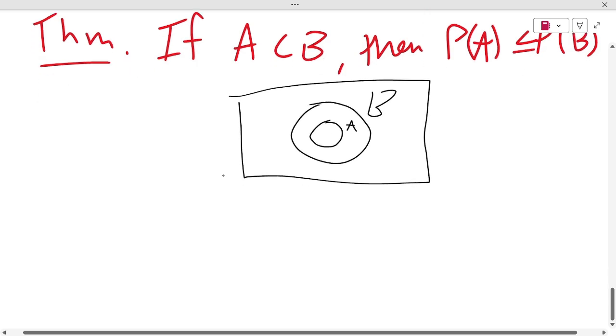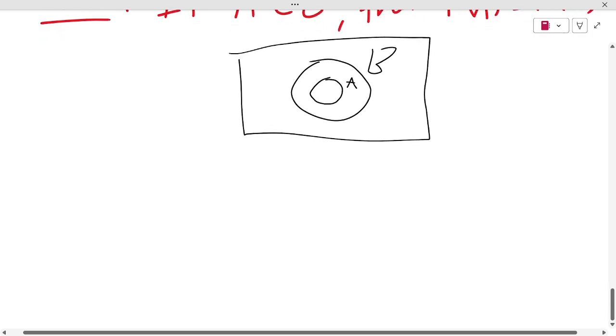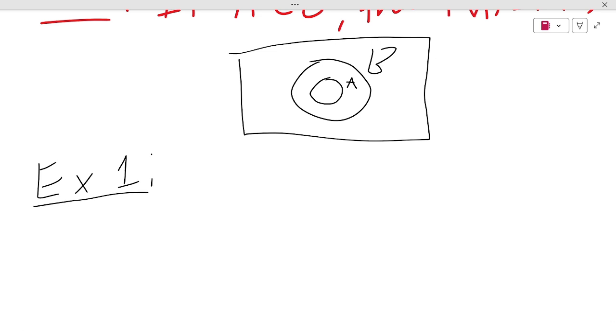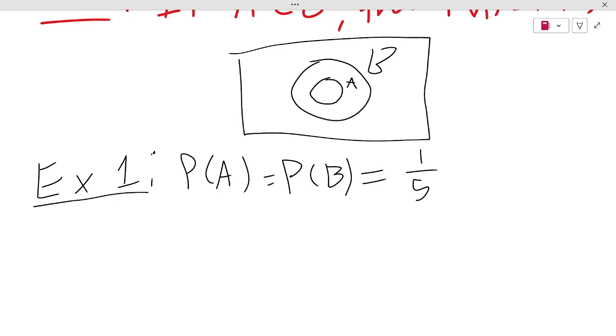We've been over a lot of theorems, so let's try an example. This will be example number 1. We're going to get the probability of A is equal to the probability of B, and these are both 1/5.